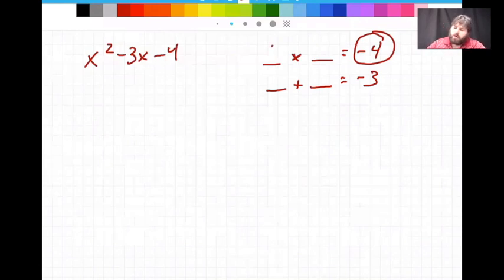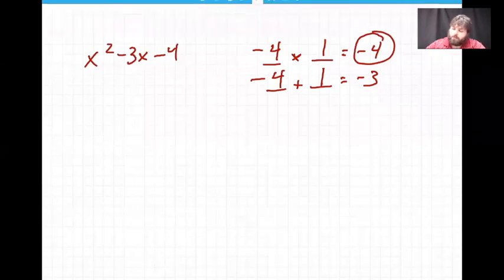Well, 4 and 1 multiply to be 4, and they subtract to be 3 if I do the signs correctly. Which one would be negative? I think it'd have to be -4, because -4 plus 1, that's -3. You could try it by flipping it around. You could say, what if it's -1? And you'd see that you don't get -3.